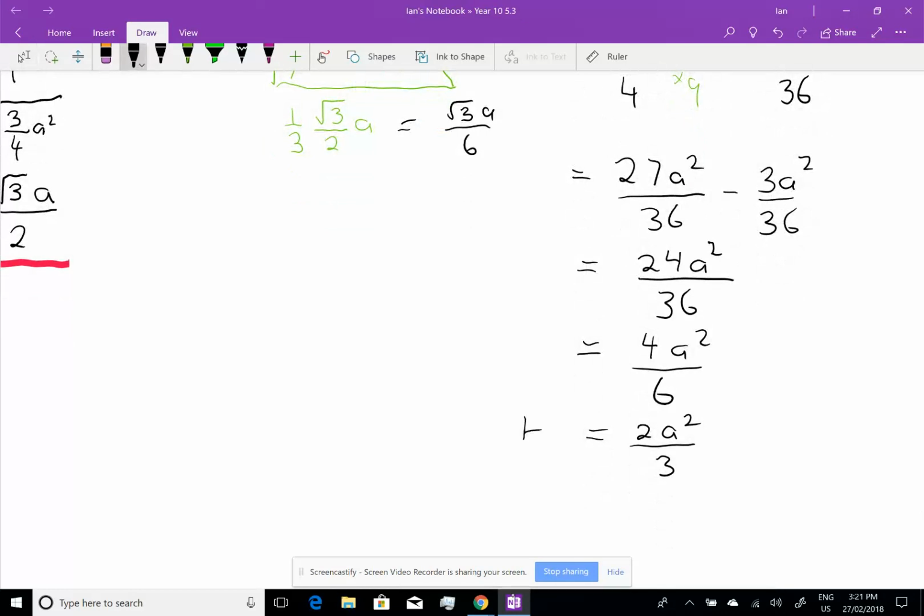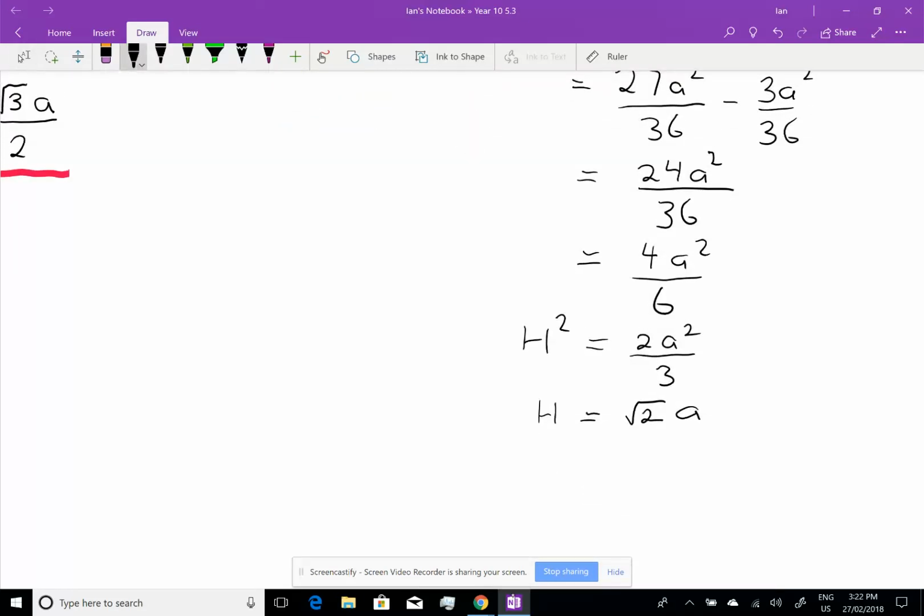But that's what h squared is. I've got to square root that, so h equals the square root of 2, I'll just leave that as root 2, the square root of a squared, and that's just a, and the square root of 3 is root 3. So that's my height.